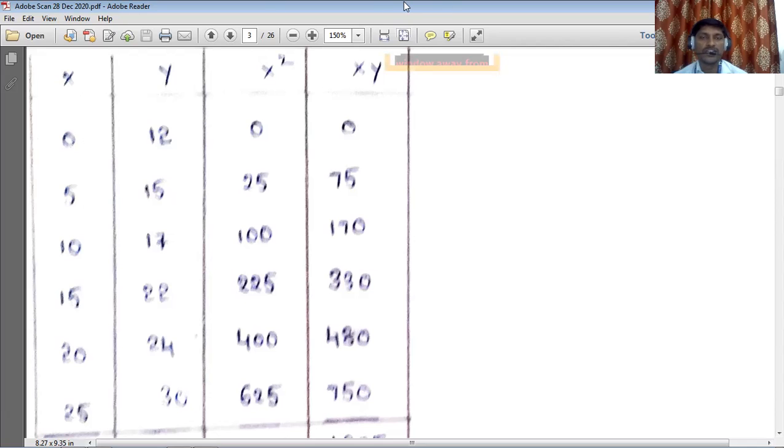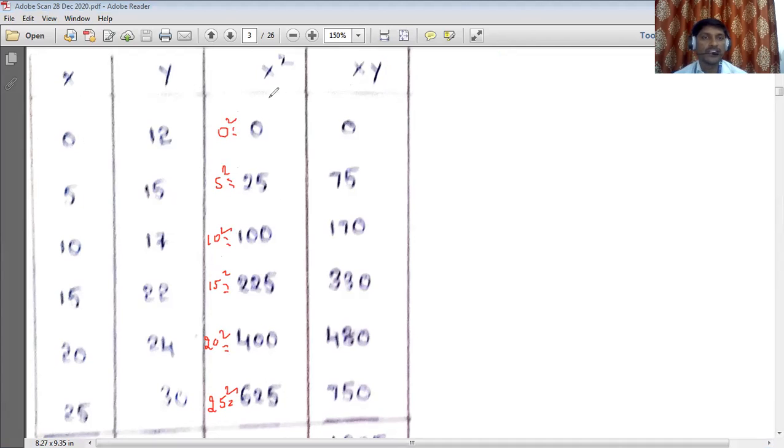So 0 square is 0, next 5 square, 10 square is 100, 15 square is 225, 20 square, and 25 square. Like this we got the values 625, 400, 225.